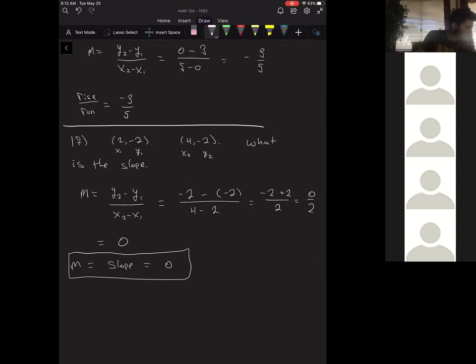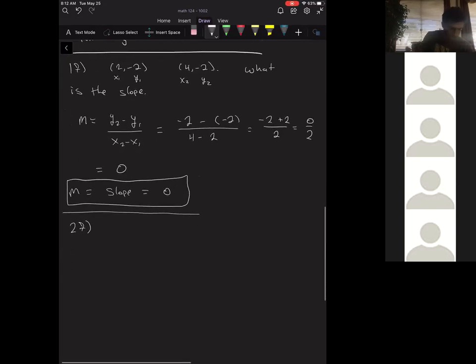How about, we can do 27. All right, so what does 27 say? We have f of 1/5 is equal to 1/2. And f of minus 1 is equal to minus 11 over 2.